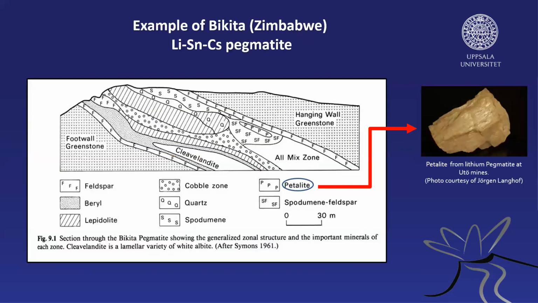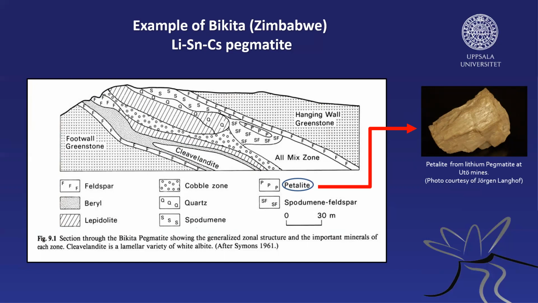So I show you a quick example of a pegmatite deposit. That's the example of Bikita in Zimbabwe. It's actually a lithium tin cesium pegmatite. And this is basically on this sketch how it looks like in cross section.